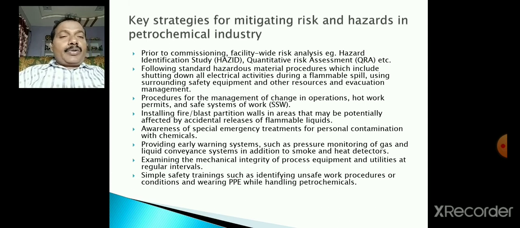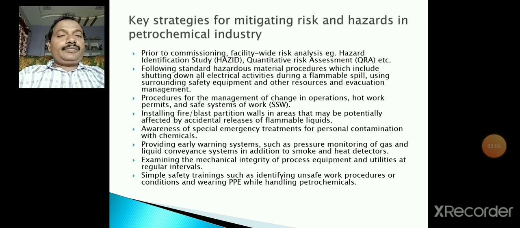And procedures for the management of change in operations, hot work permits, and safety systems of work. So these procedures must be developed and should be followed.